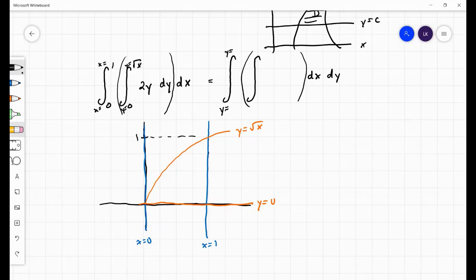Zero to 1. Y goes from 0 to 1. And what would the bounds for x be? Zero to y squared. So x goes from 0.